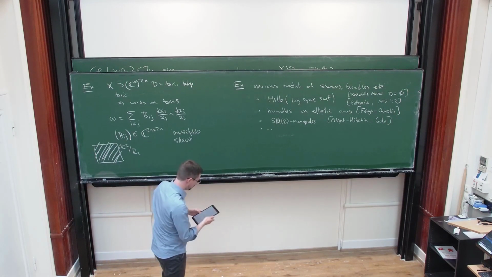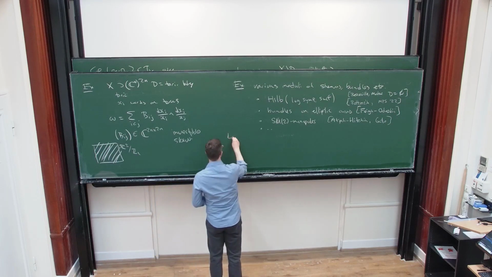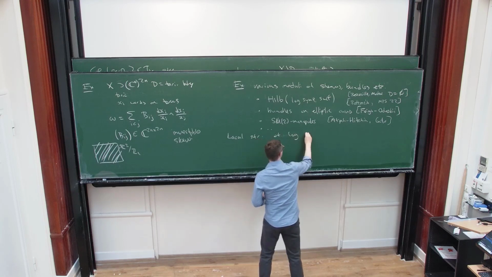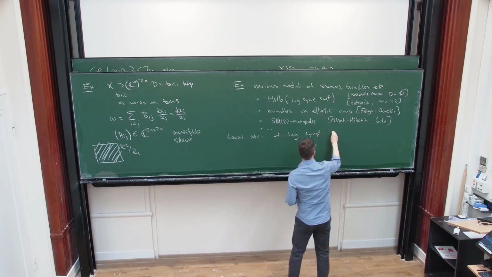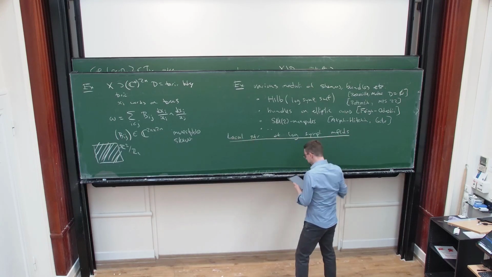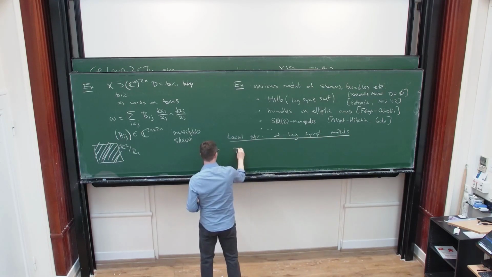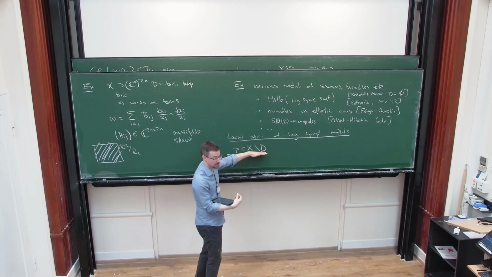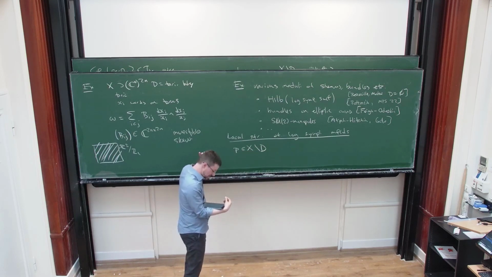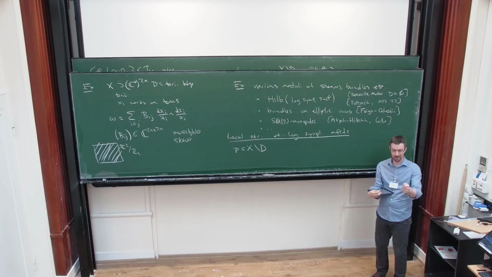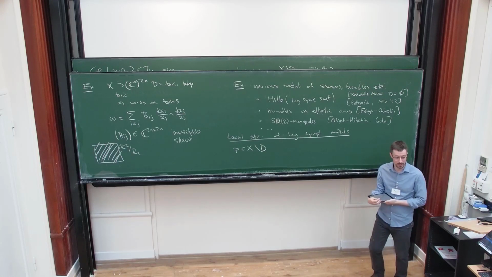So I want to say first a little bit about the local structure of log symplectic manifolds, which I'll return to in a little bit more detail later in the talk. But let's begin by recalling that if you have a point in a symplectic manifold, remember the complement of D is an honest holomorphic symplectic manifold. If you have a point in a symplectic manifold, then one of the first things you learn is that this point has a standard neighborhood given by the Darboux theorem.